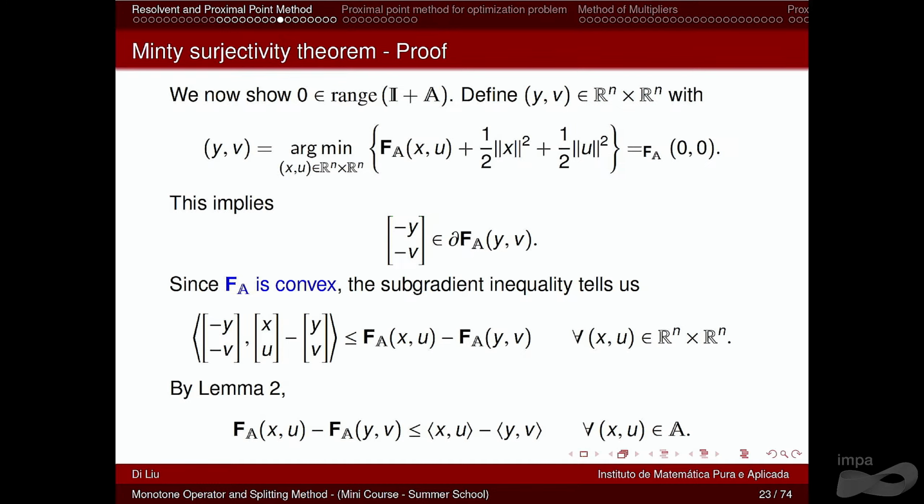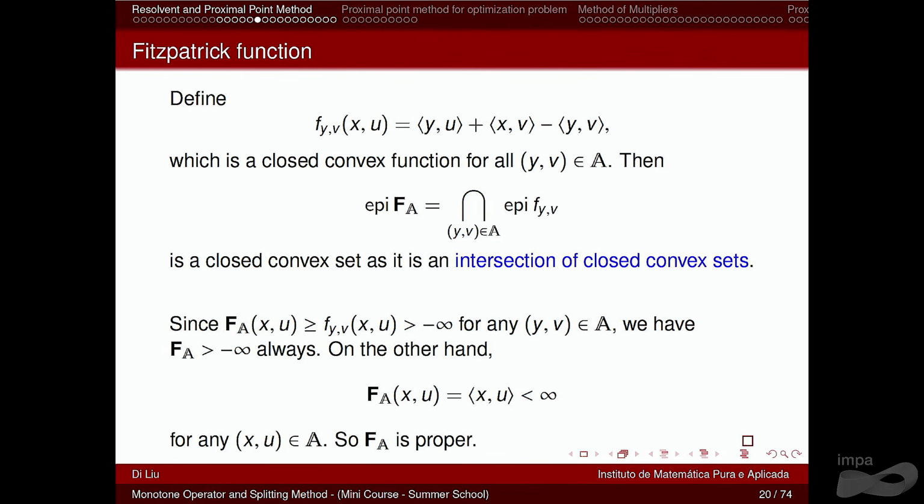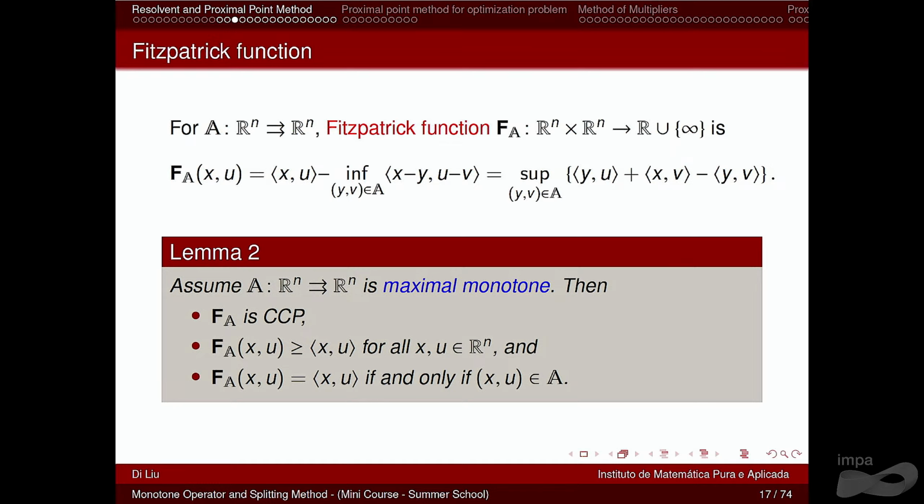And by the lemma 2, for any uv in A, we have, actually, we have two parts, am I right? Let's go back to the lemma 2. We have two parts.